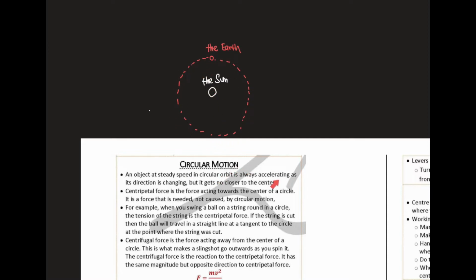It is always accelerating. So why is the earth, which is moving at steady speed, accelerating? Okay, let's see. Acceleration is v minus u over t. v and u are final velocity and initial velocity.